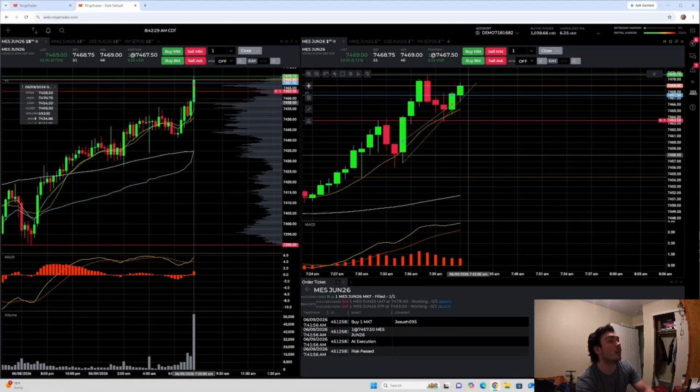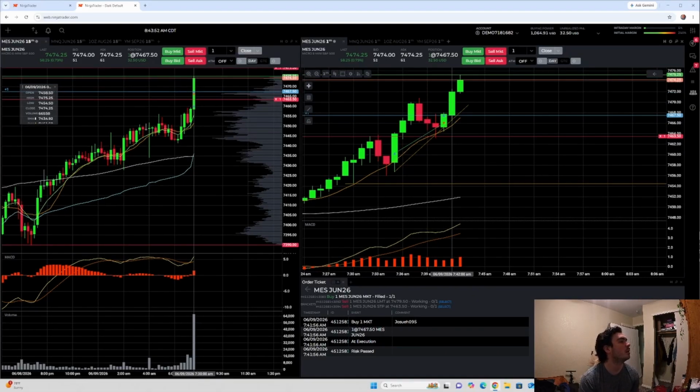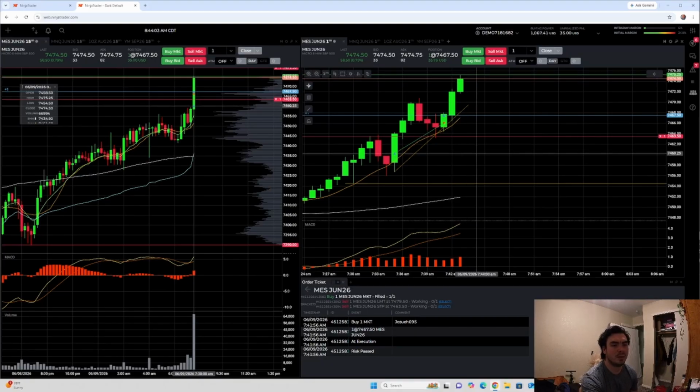So, 27 bucks on the first one, I'm just gonna let this one ride out and see if we can make another 16. But right now I'm up another 30, and the 15-minute candle is about to finish.